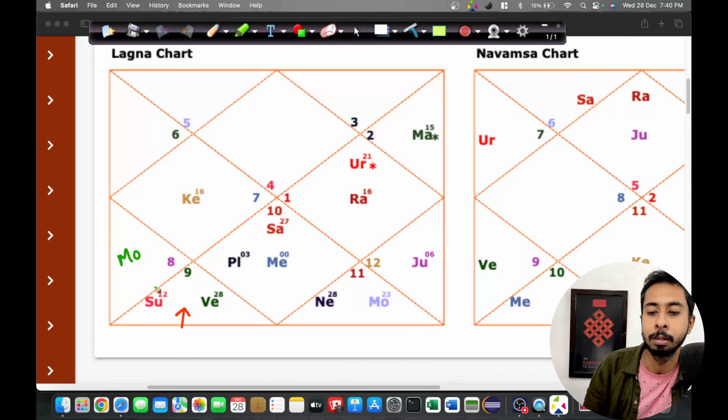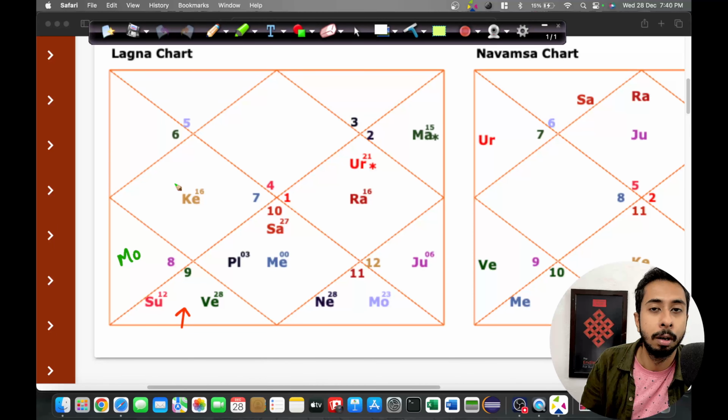Here you see Moon is sitting in the 5th house, the house of children, the house of entertainment, the likes. The 5th house is a very good house, right? But Moon will not be able to give the good aspects or features of the 5th house because it is debilitated in Scorpio. In this way it works.